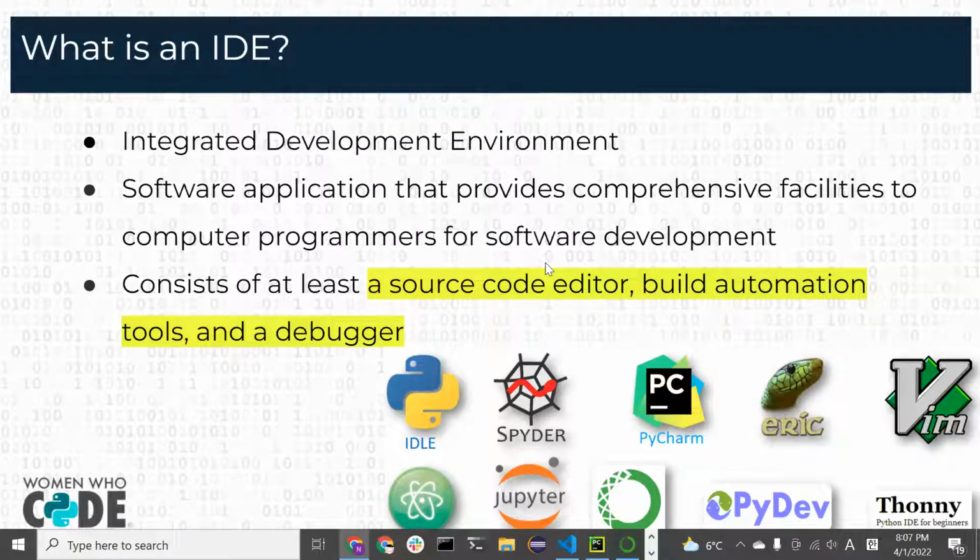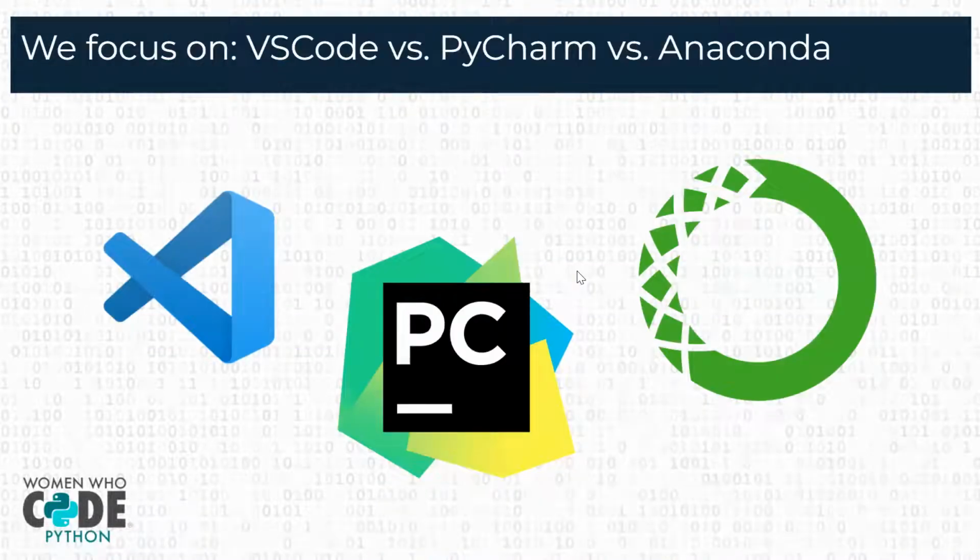An IDE usually consists of at least a source code editor, build automation tools, and a debugger. Some examples for Python are IDLE, Spyder, PyCharm, Eric, Vim, etc. In this session, we're going to focus on Visual Studio Code versus PyCharm versus Anaconda.